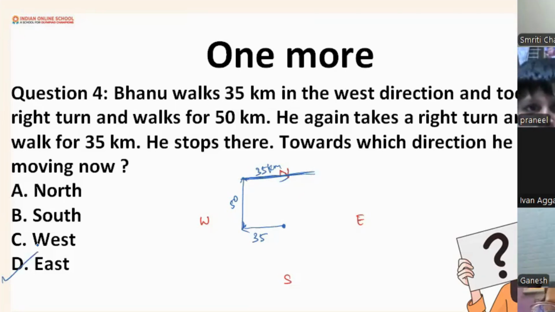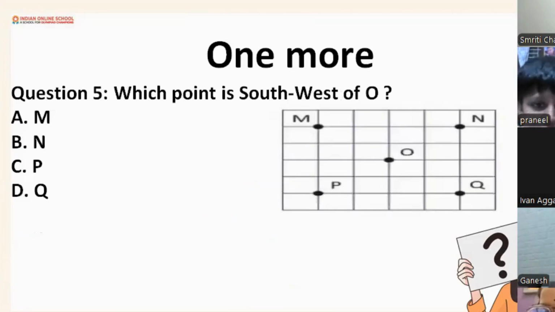Okay, then next one. Next question is, which point is southwest of O? This is O. And which point is southwest of O? Let me mark the directions. Southwest of O. Tell me quickly. Ivan, would you like to give it a try?